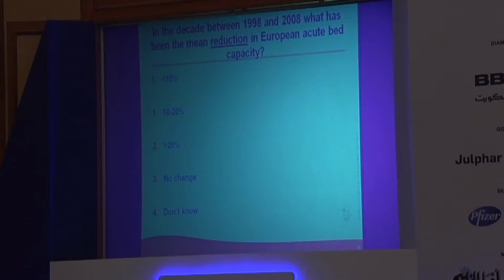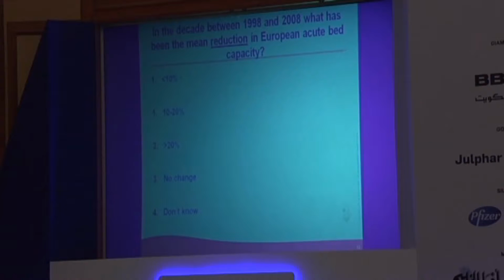That brings me on to my next question, is what do you think has been a reduction in beds, the capacity, not the length of stay, but the beds in the last 10 years in acute European hospitals? Less than 10%? Nobody? Okay, one person. 10 to 20%? All right, quite a few. More than 20%?